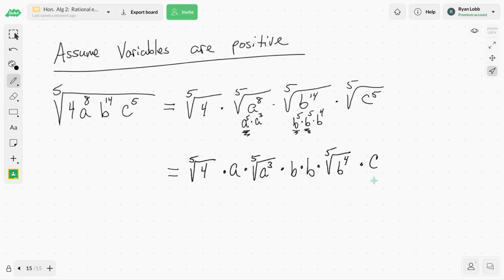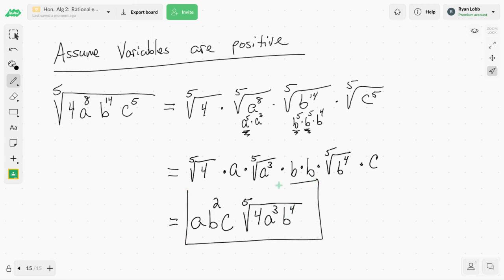In the end, I'm generally not going to leave it like this. What do I have? I have a, b times b, c, so a b squared c. And then what's left is the fifth root of 4, a cubed, b to the 4th. All right, so there's that one simplified.